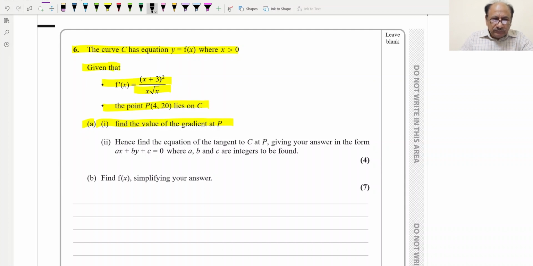So we need to find f dash of 4, because the point is (4, 20), so we will replace x with 4.